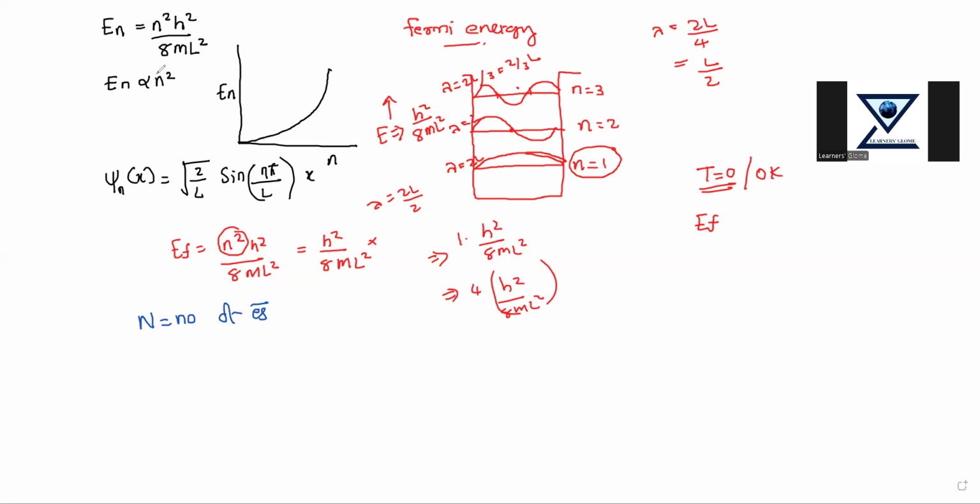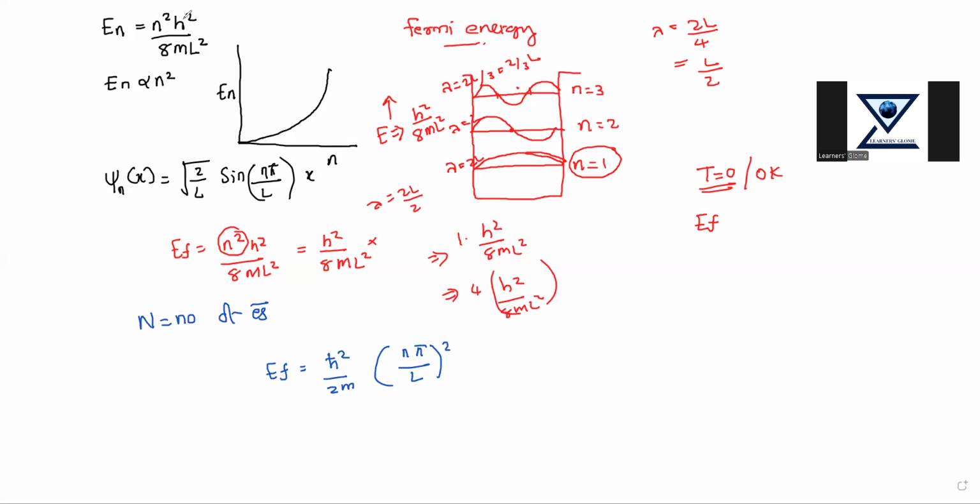Then we can write it as E_F, the Fermi energy, is equal to ħ² divided by 2m into (nπ/L) whole square.